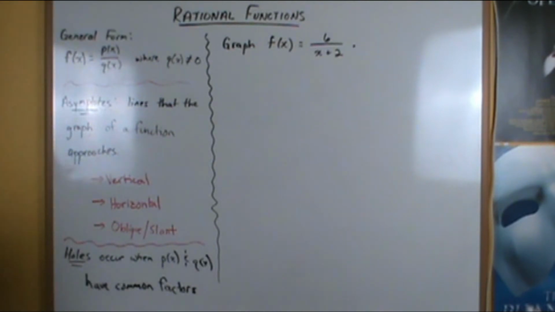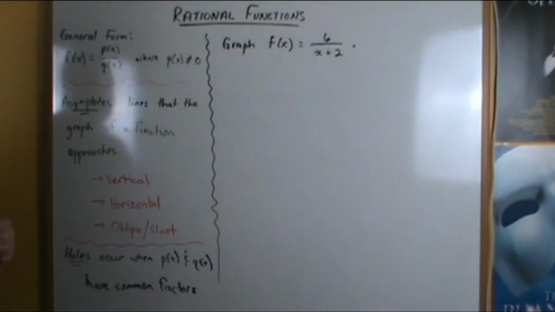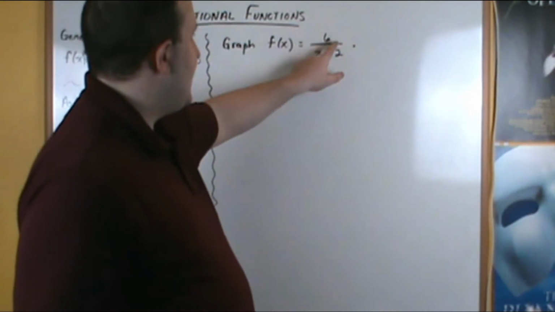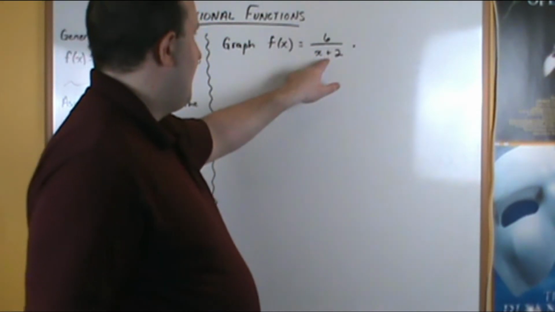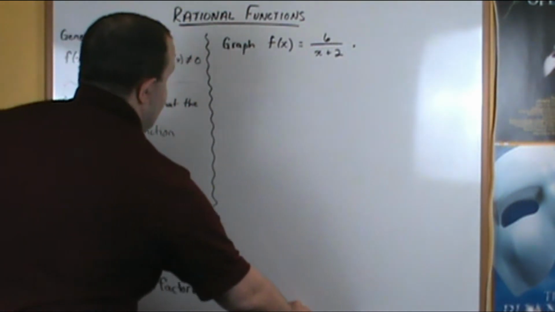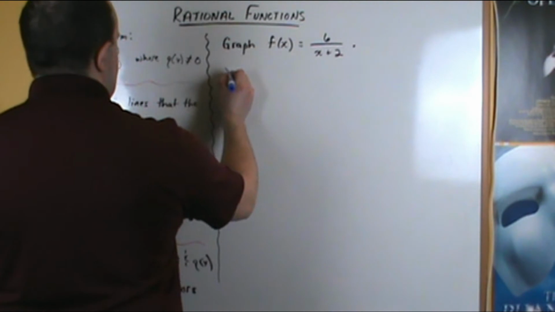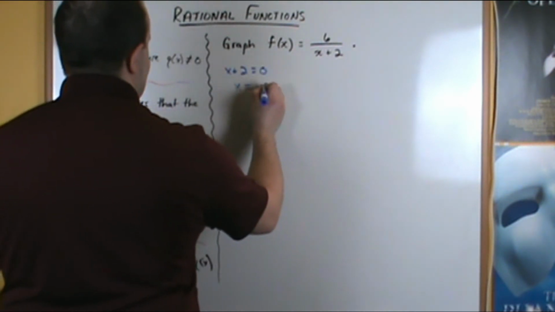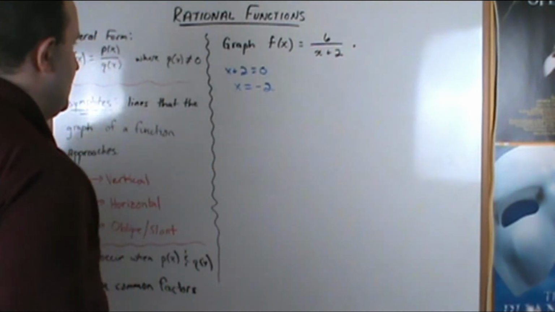So first example here, we have the function f of x equals 6 over x plus 2. The very first thing that we notice here is what value of x makes the denominator 0. Well, if we do x plus 2 equals 0, x cannot be negative 2.